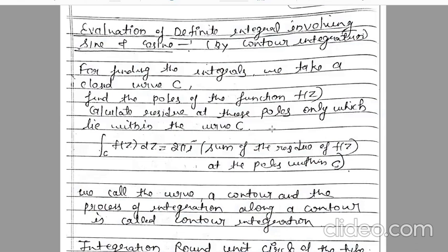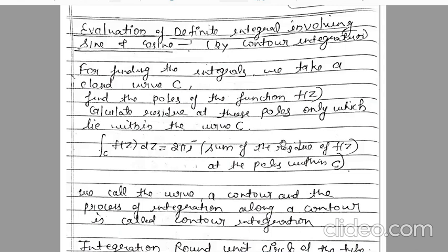So in Cauchy residue theorem, what we do is first put the denominator equal to 0, right? Those are our poles. After finding the poles, we check whether those poles are lying inside the circle or not, right?